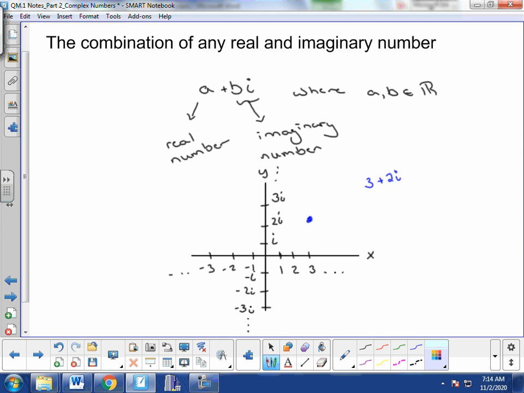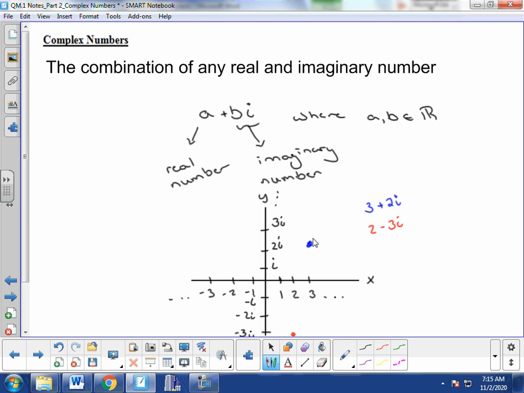So even though we have solutions that we could not graph on our normal xy coordinate plane, dealing with all real numbers, now in this complex plane, we have solutions that we can graph with complex numbers. Let's say we have 2 minus 3i. Well, what I would have here is positive 2 on the x-axis and negative 3i on the y-axis. We won't really do any graphing of these. I won't expect you to know the complex number plane, but this is just an example of how some of these solutions can actually show up on different types of graphs.